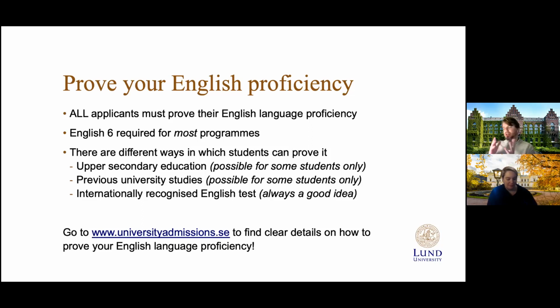For example, if you've done a full-time year abroad in the United Kingdom, Australia or the United States, that will be sufficient. And in most cases, if you've studied for 1 year full-time on exchange in English in a country in the European Union, this will also be sufficient.